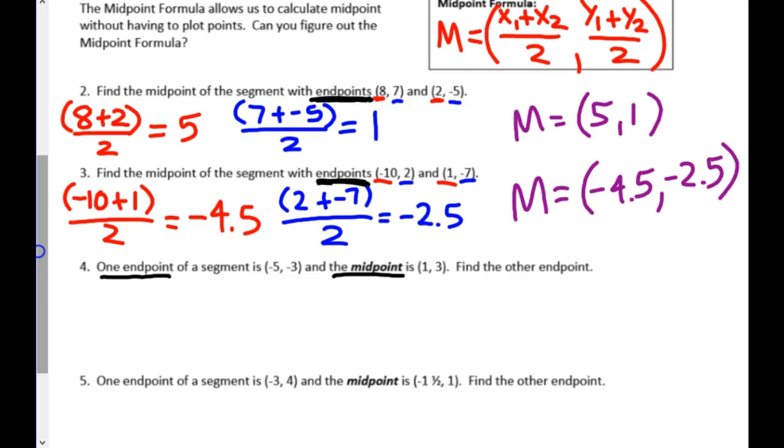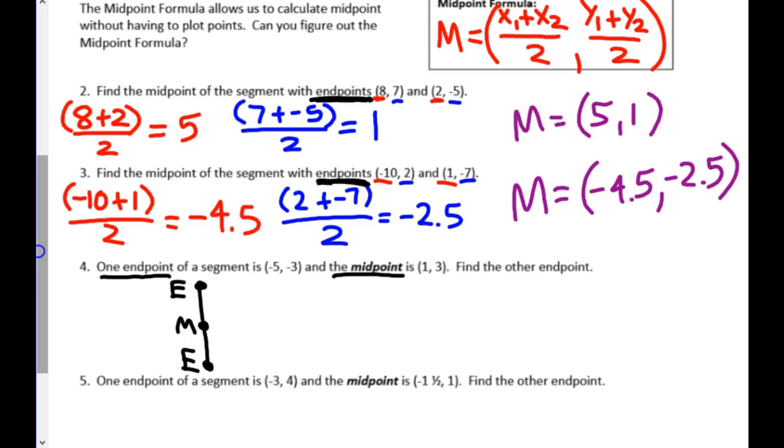We have a segment with 2 endpoints and a midpoint. So I'm going to draw myself a segment with 2 endpoints and a midpoint. So E stands for endpoint, M stands for midpoint. All right.